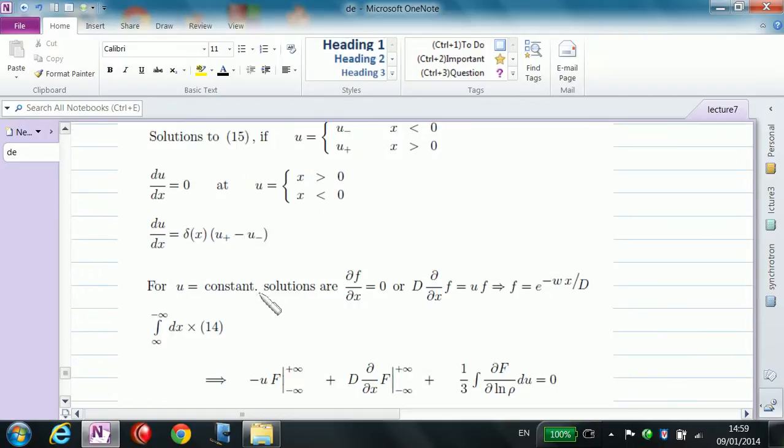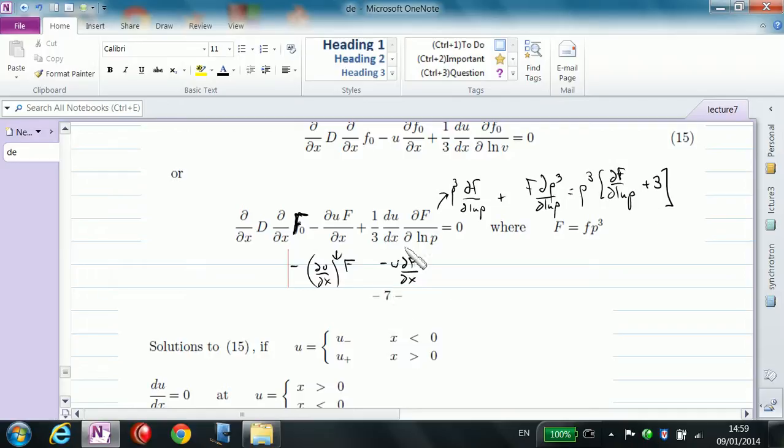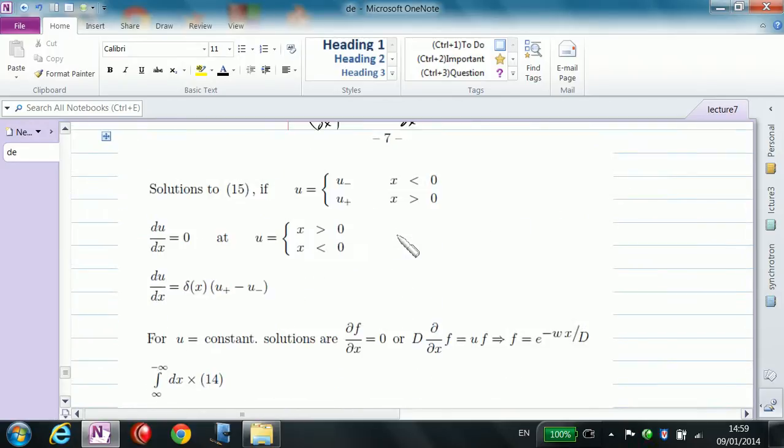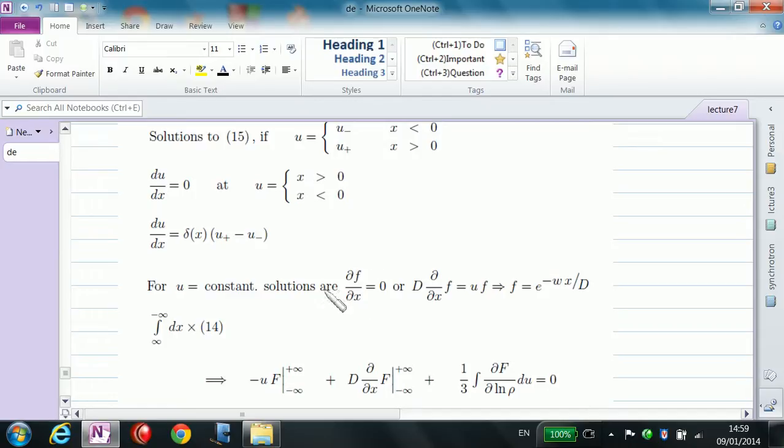And now what you do is you solve the equation upstream and downstream separately, and then at the boundary you invoke this term.